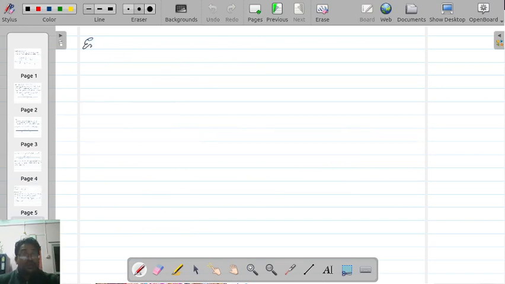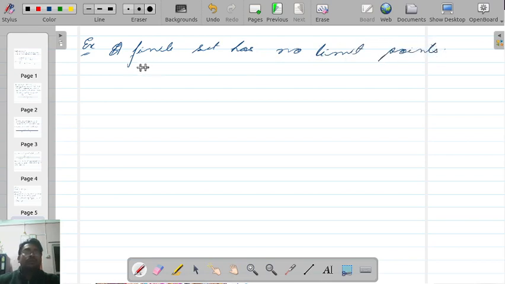So in fact we will prove the result that a finite set has no limit points. Or the other way we can say that if A is finite, then the derived set of A is empty.